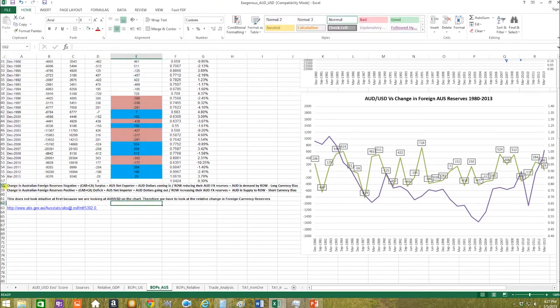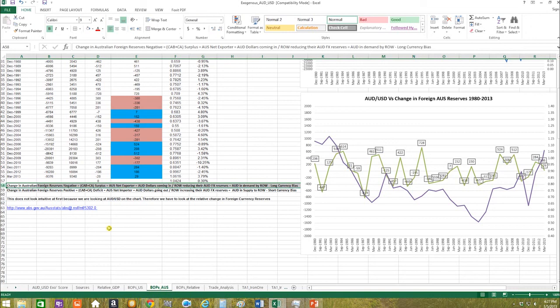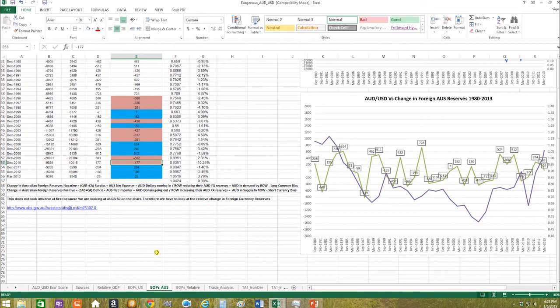So if we have a change in Australian foreign reserves that's negative, so in column E we have a negative number, that basically means we have a positive number in column D. So the error is positive for the current account balance plus the capital account balance. That means that Australia is in surplus.